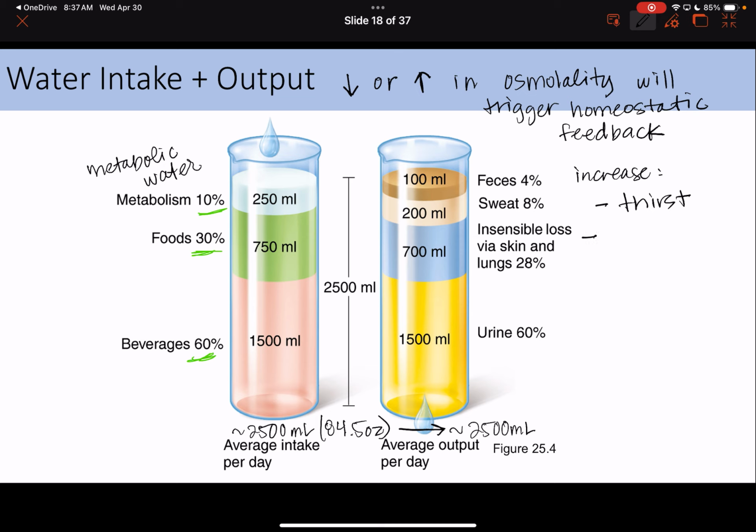And what is the hormone that's going to cause us to reabsorb more water? ADH. And so we'll also have ADH release, which is going to allow us to reabsorb more water, again, to dilute that high concentration. What are the proteins that are responsible for reabsorbing water when we have ADH release? Aquaporins.